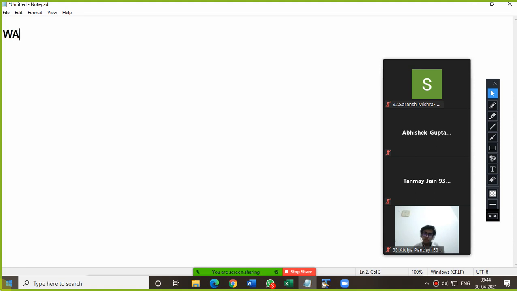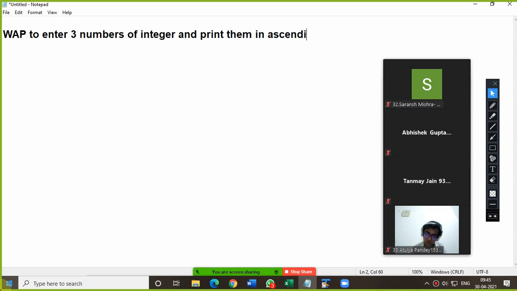Now, the next question is we have to enter 3 numbers of integer type and print them in ascending order.